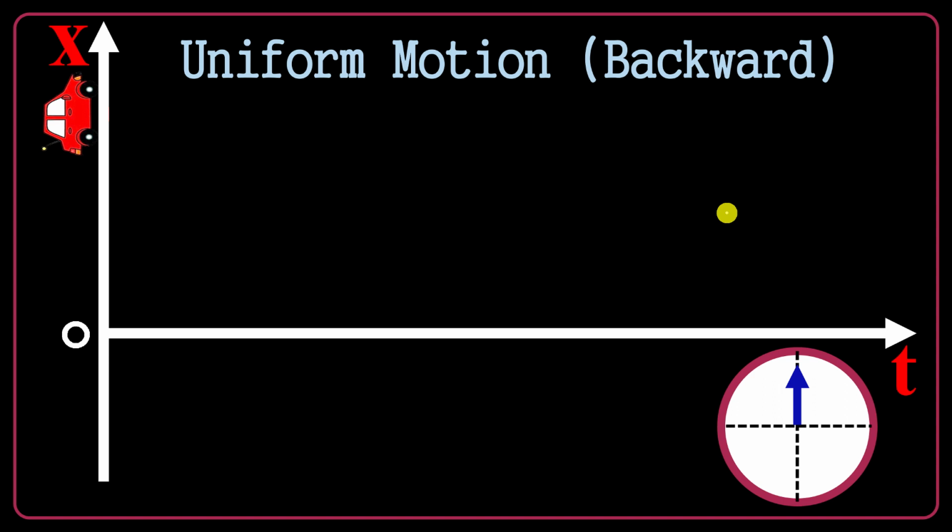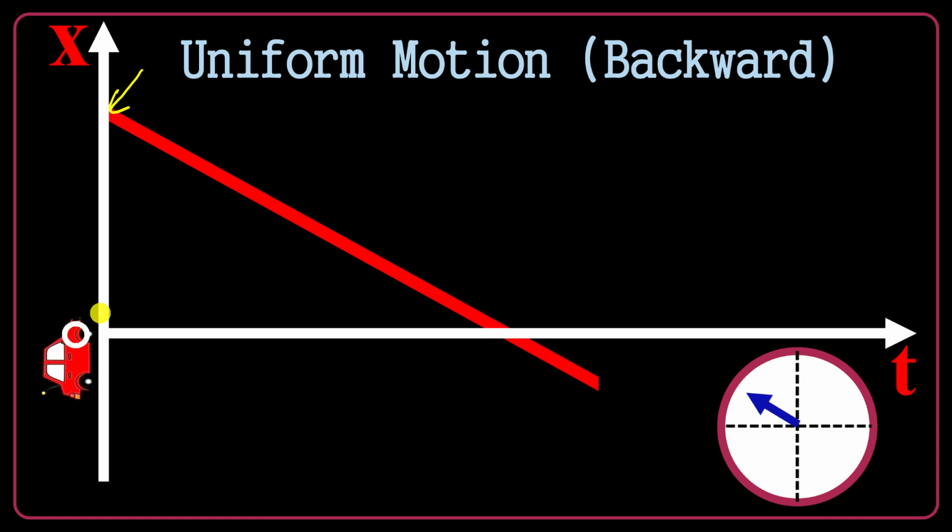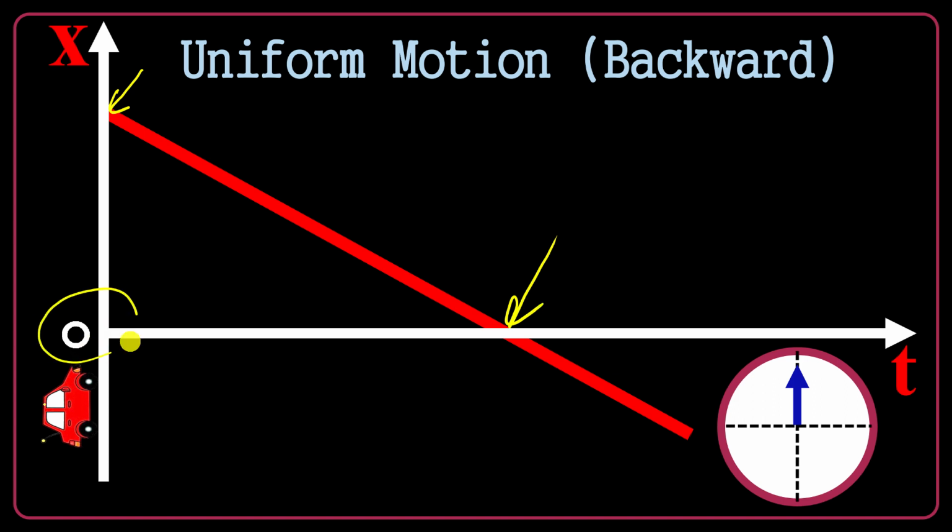We continue with uniform motion backward. Backward means the object is going to move in the negative direction of x. The toy car starts from here and goes down, to the negative side of x. And so the xt graph will again be a line, but with negative slope. You see? It's a descending line. Again, the object will cross the t-axis, and just once it will pass through the origin, but it's nothing that special.